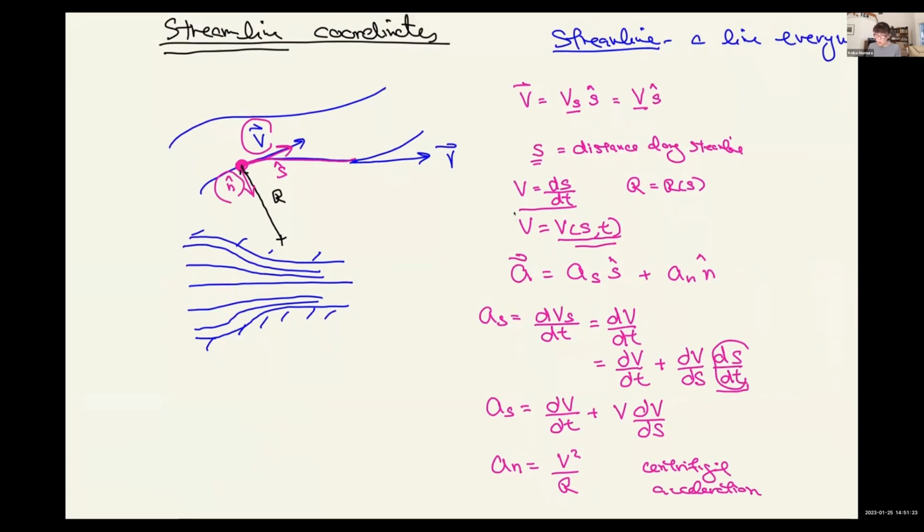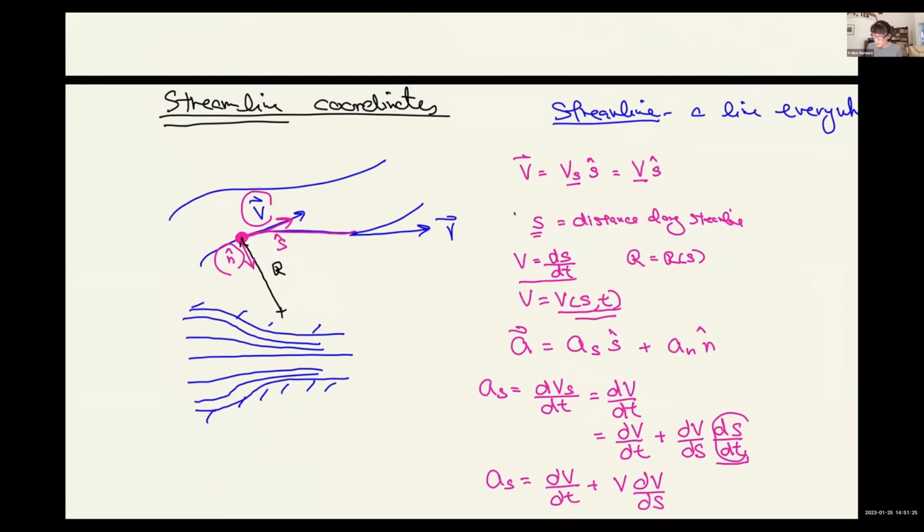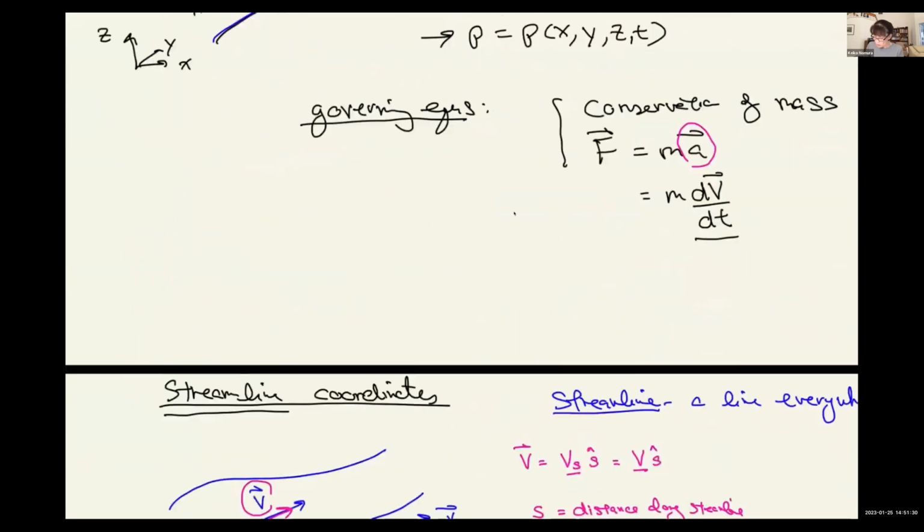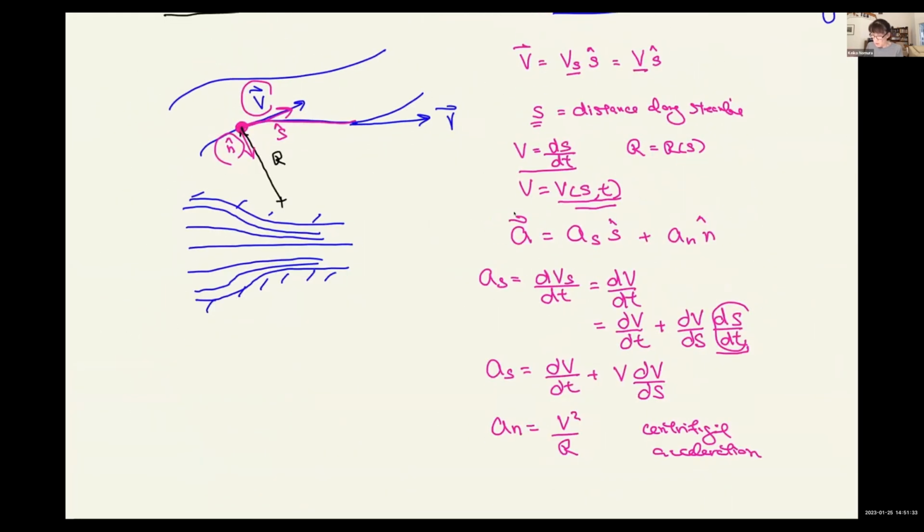And then on Friday, now that we've defined the velocity and acceleration and how they're described in streamline coordinates, which is what I explained here, we'll consider a fluid element and apply F equals MA in both the S direction and the N direction, considering both body forces and surface forces due to pressure.